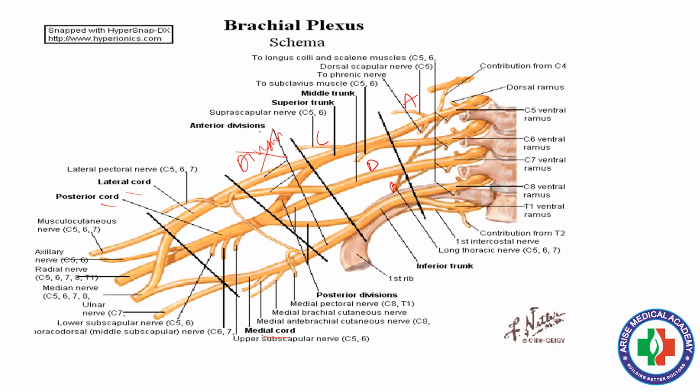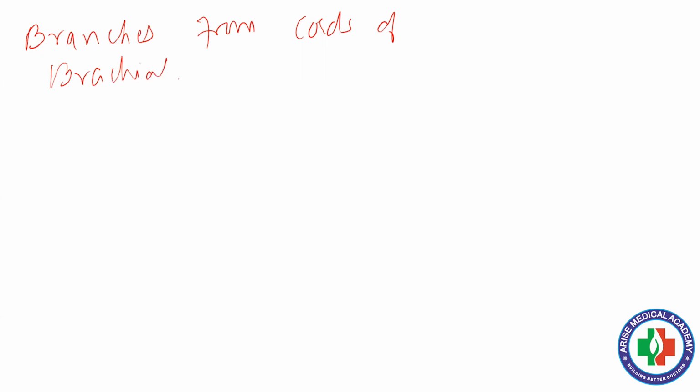Let me make some mnemonics for that. Just write this down: branches from cords of brachial plexus. The first one is branches from the lateral cord.